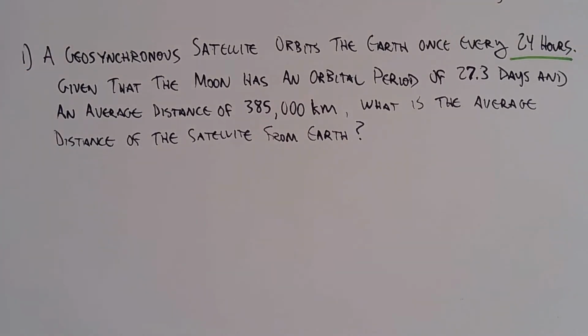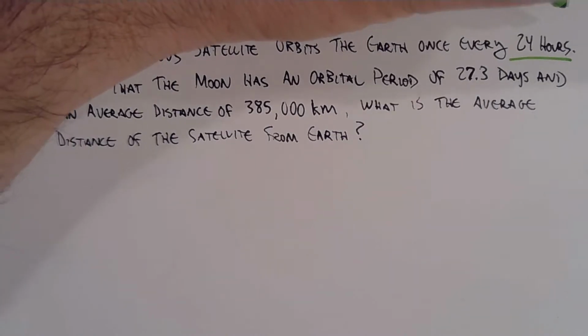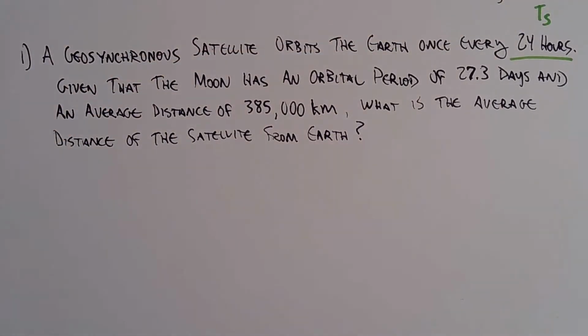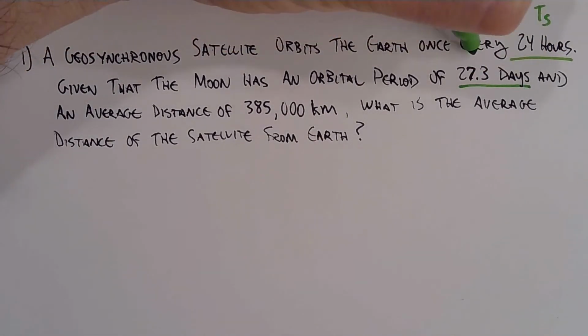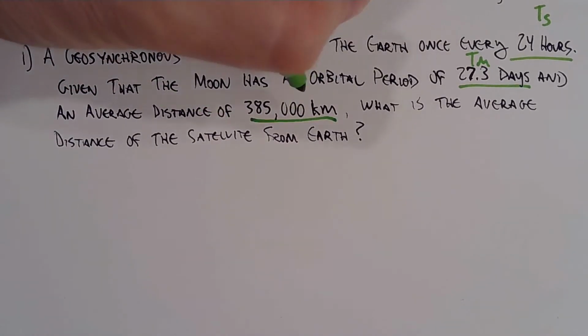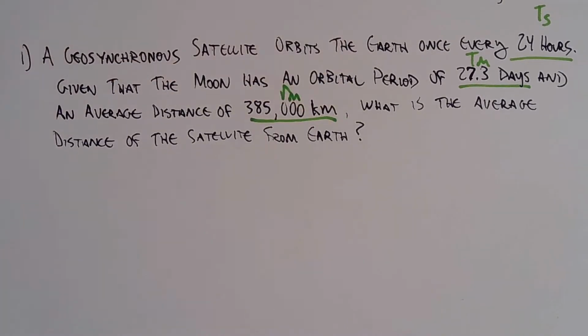24 hours. And we can start thinking about that's the satellite. So I'm going to call that TS. The Moon has an orbital period of 27.3 days. T-Moon. And an average distance of this, and we're going to call that RM for the orbital radius of the Moon. And we're looking for the average distance of the satellite from the Earth.